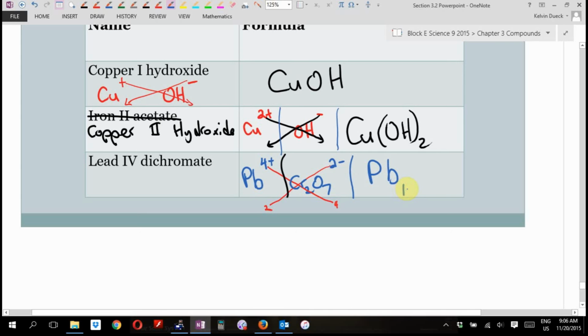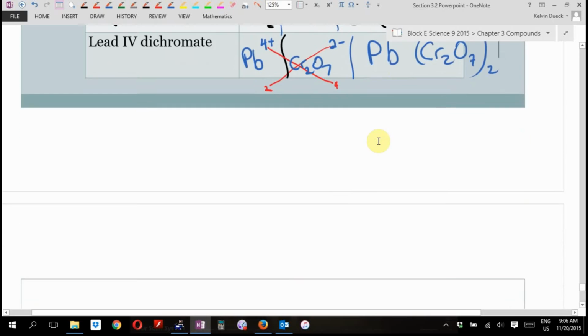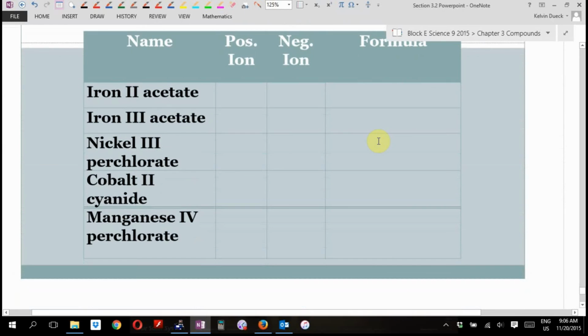And then Cr2O7. How many of them, Cole? 2. And I'll ditch the 1. This is the crisscross, and I should always say crisscross reduce, not just crisscross. Let's keep going.